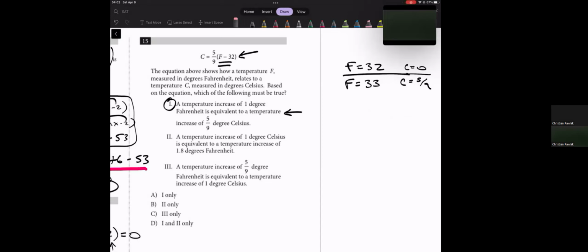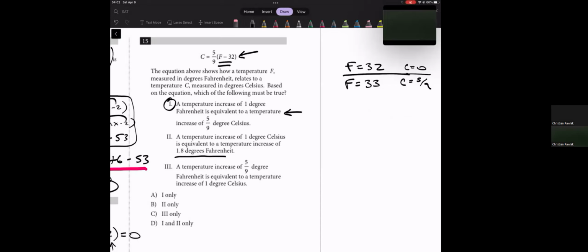Okay, so now I'm going to ask myself, is Roman numeral 2 correct? A temperature increase of 1 degree Celsius is equivalent to the temperature increase of 1.8 degrees Fahrenheit. Well, what we can do is we can try going backwards and saying, okay, what happens if I increase the temperature of Fahrenheit 1.8 degrees?